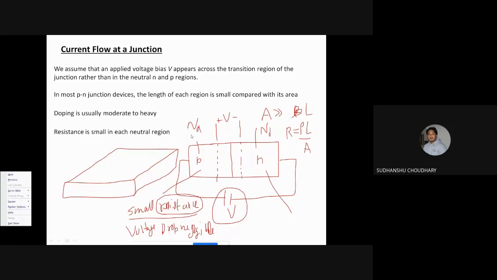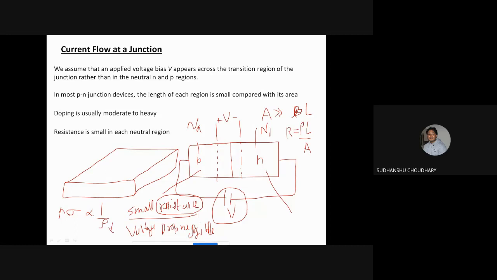So we want to make it more conductive, so we want to dope it. A heavily doped region will create more conductivity, which means small resistivity. Conductivity and resistivity are inversely proportional, so if conductivity is high, resistivity will go low.